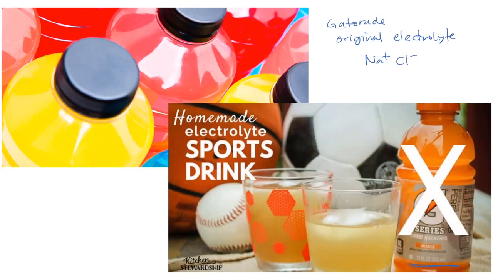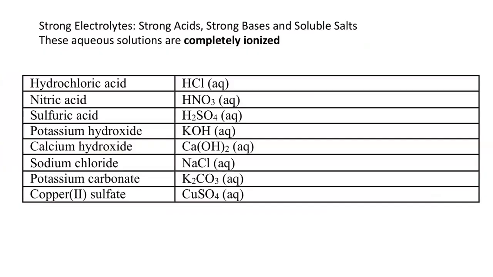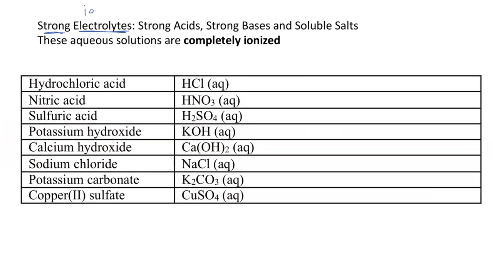That's their mascot. Okay, so let's talk about electrolytes. There are called strong electrolytes, and the electrolyte first is when you have the ionic compound dissolved in solution. Okay, so it's dissolved in water, and then it's called an aqueous solution, when you have the ionic compound dissolved in water.